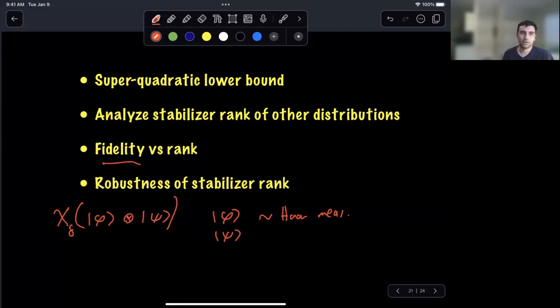How does that approximation parameter affect your stabilizer rank? Right now we have a quadratic lower bound on approximate rank, but can we get something better than quadratic on the exact rank from that lower bound? Yeah, this is an open question that I thought might be interesting.